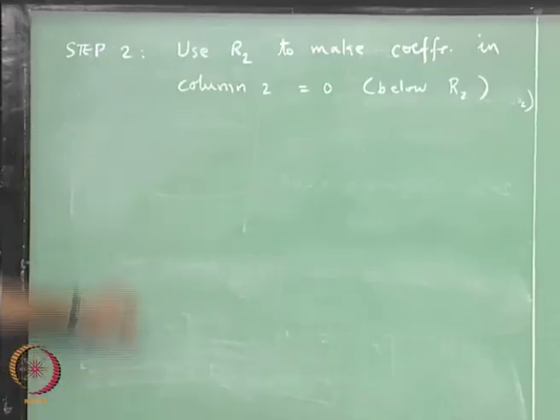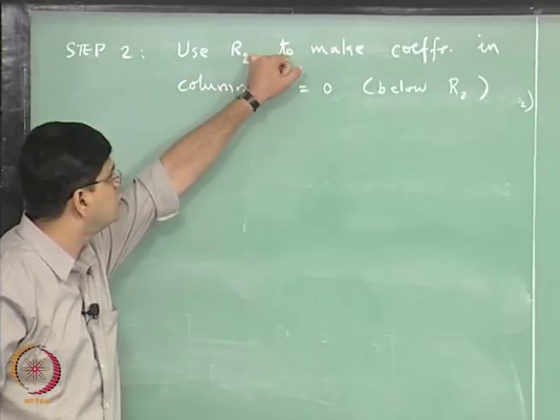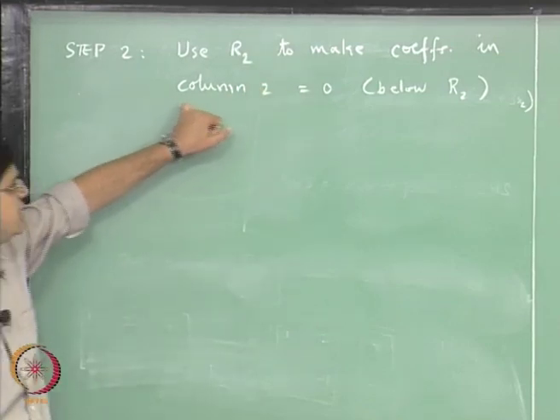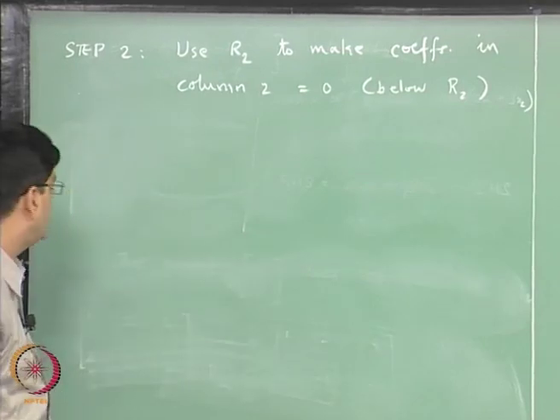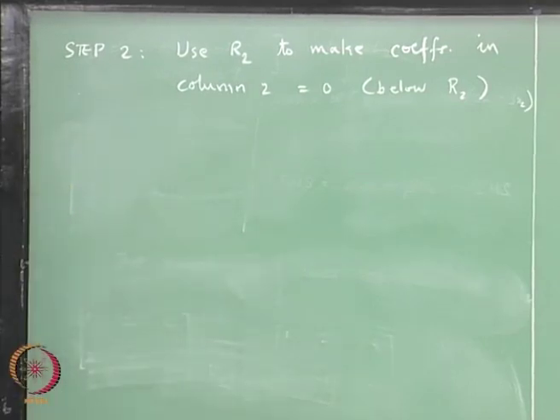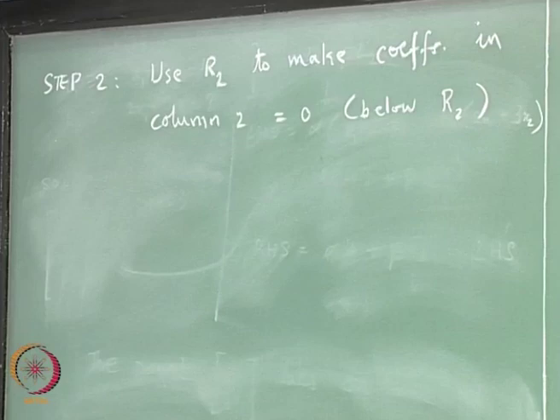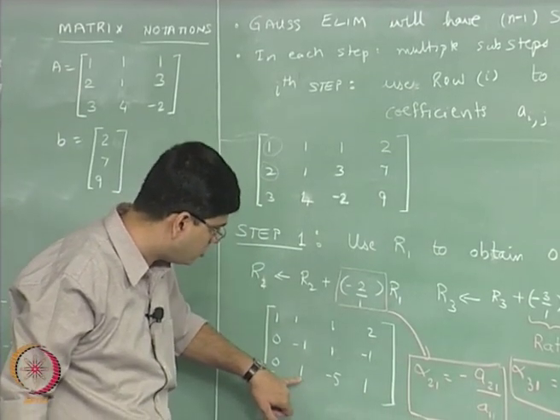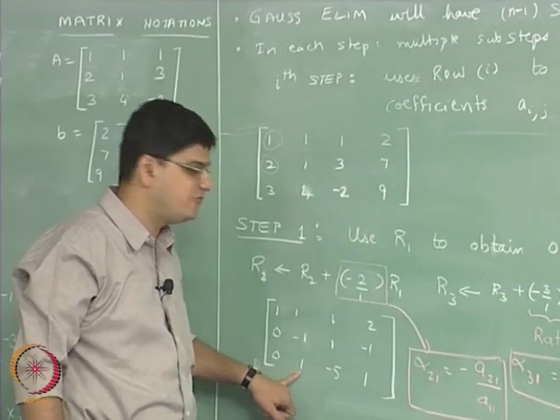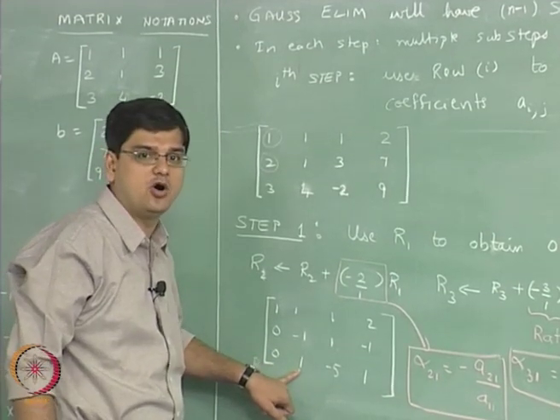Okay. So in step 2 we will use the row 2 in order to make the coefficients in column 2 equal to 0 below row 2 using the row operations. So, the result of step 1 we had this particular matrix, and in order to make 0 over here we have to multiply with negative of the ratio of the coefficients.